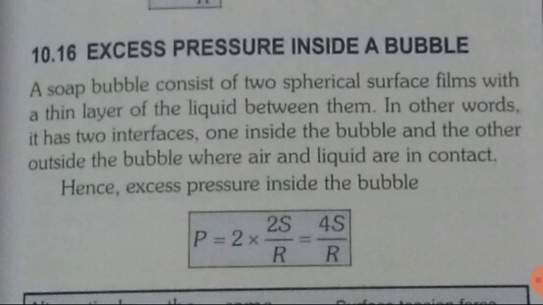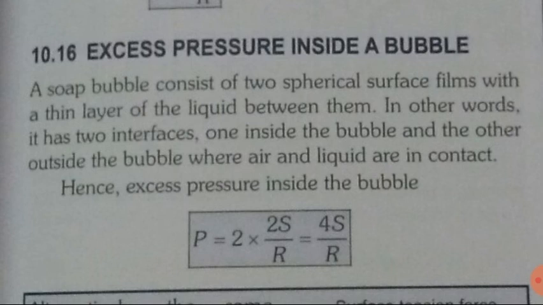In the case of a liquid drop, it is filled from inside, and the side which is towards the atmosphere, that side only is free. So we have one free surface there. But the bubble is hollow from inside, so we have two surfaces: one is the outer surface and one is the inner surface.